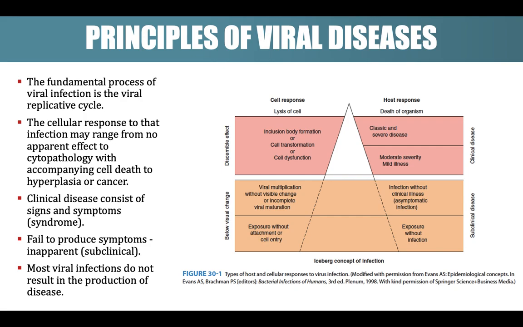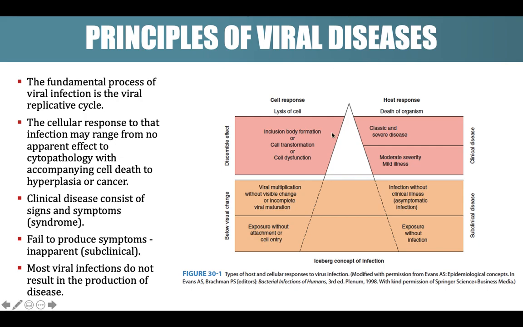Clinical disease in the host consists of overt signs and symptoms. A syndrome is a specific group of signs and symptoms. Viral infections that fail to produce any symptom in the host are said to be inapparent or subclinical. In fact, most viral infections do not result in the production of disease.